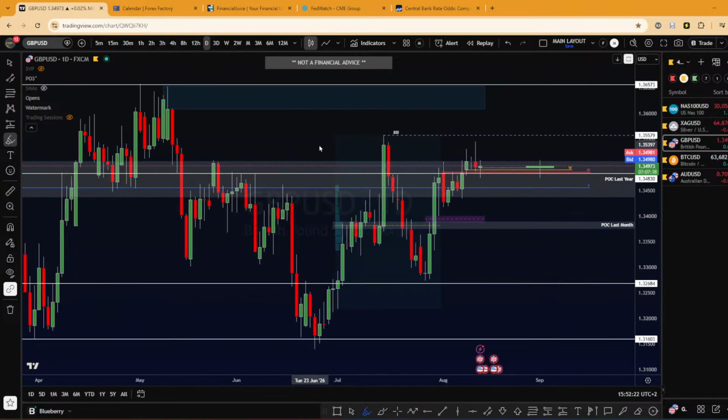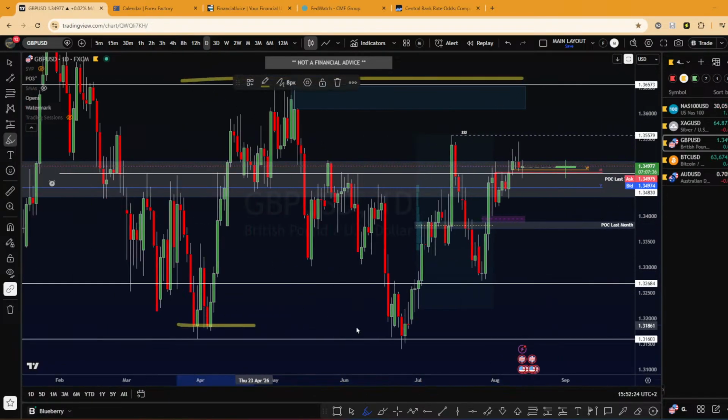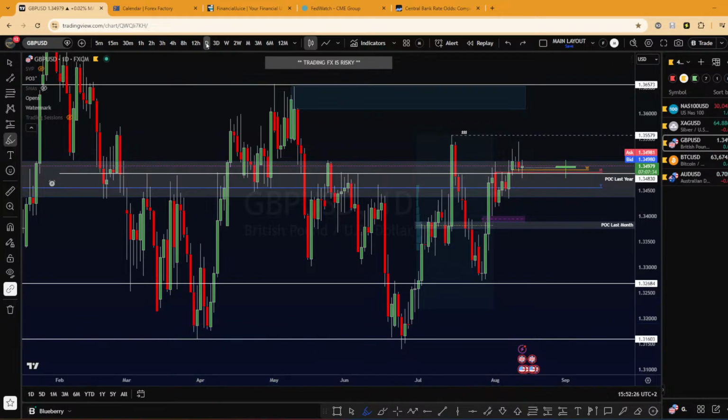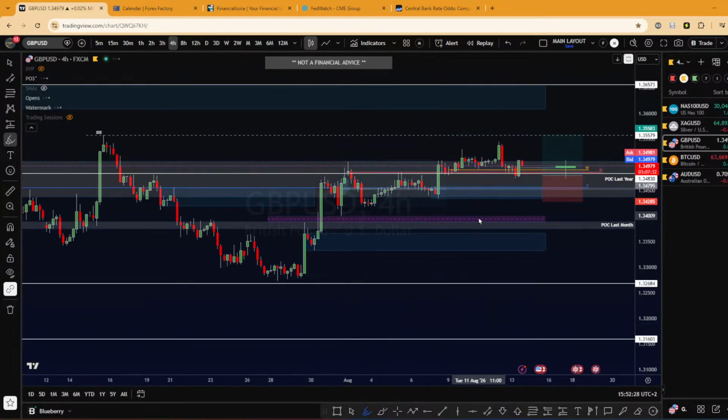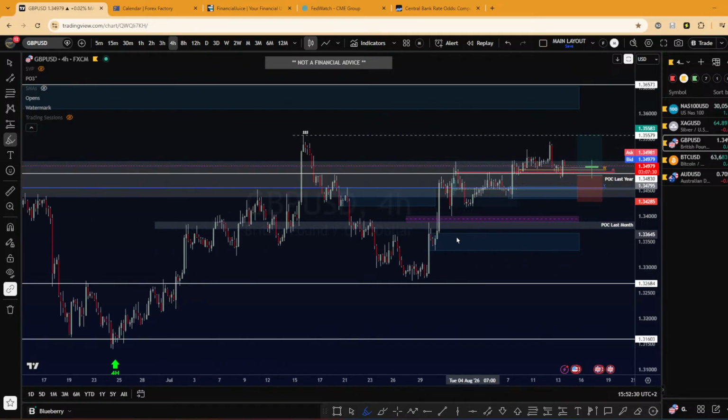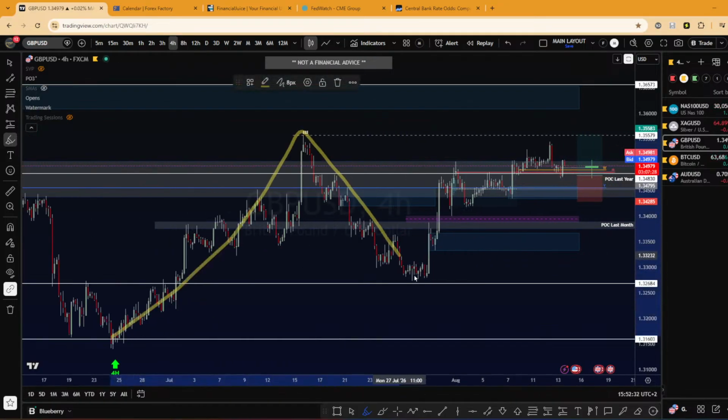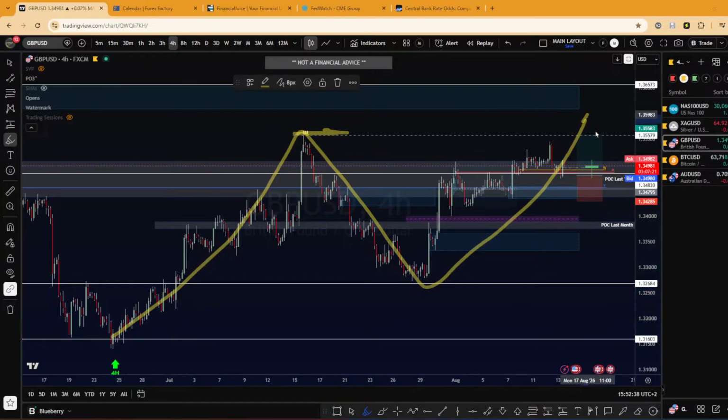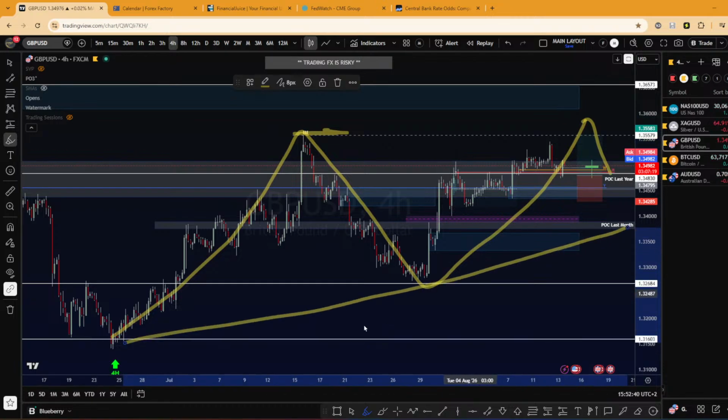Okay, so if I zoom in, because we are pretty much in a range, we could potentially have some sort of trend, something like this. You see, if we break and close above this high, then we will have some sort of 4-hour trend.